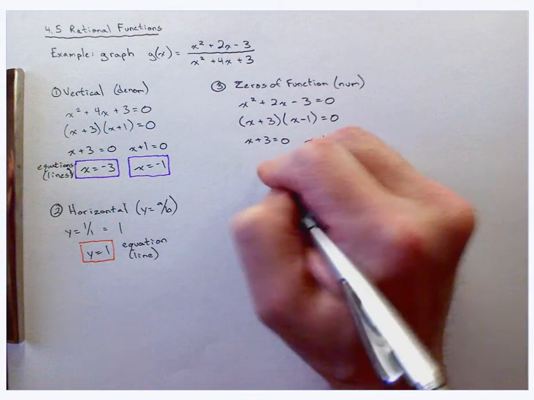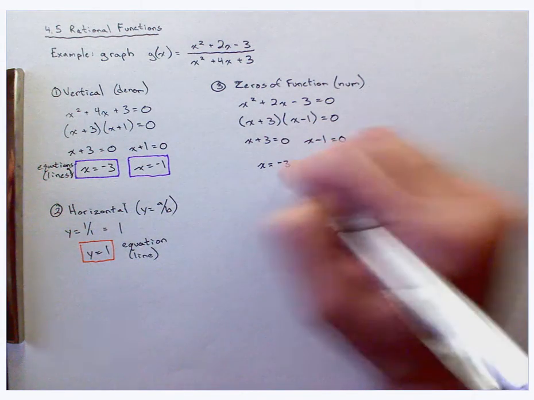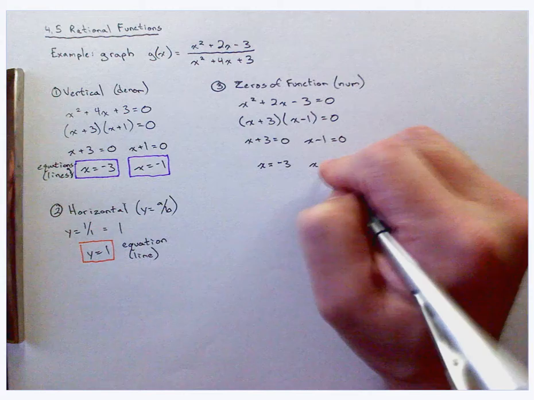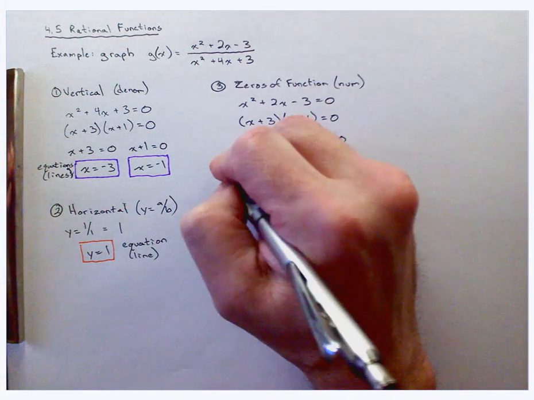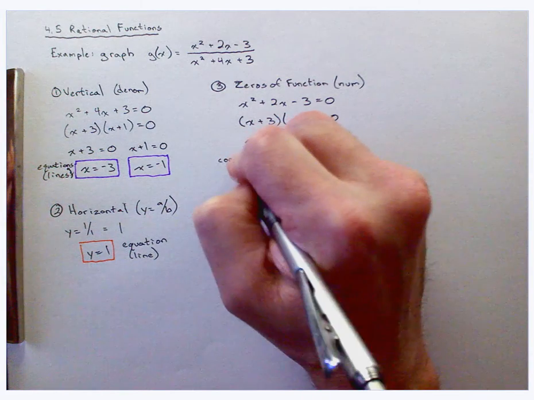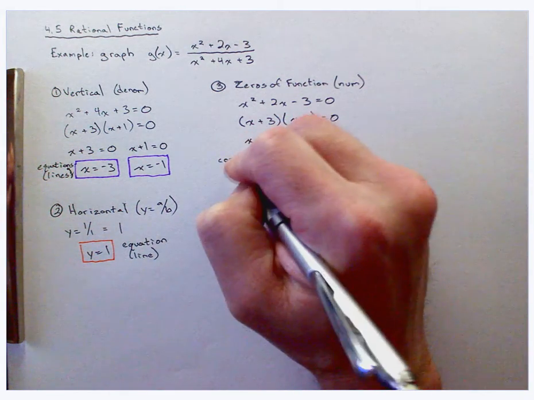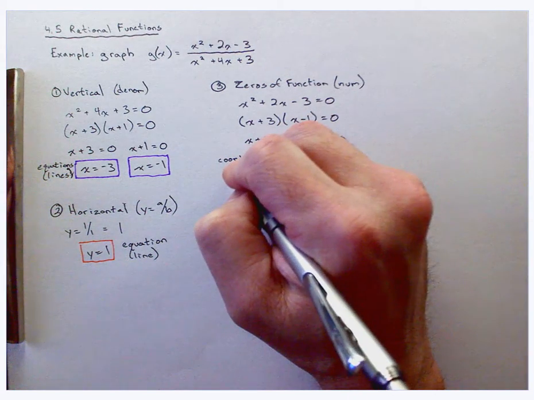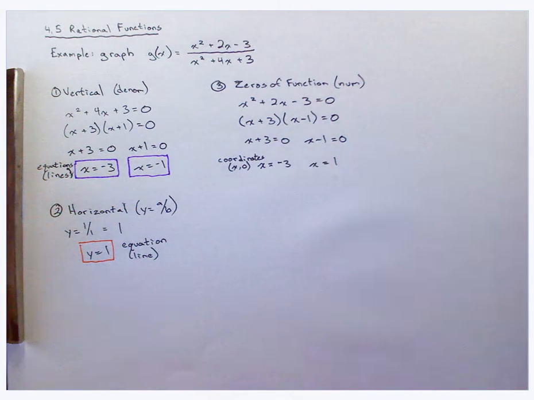So what I end up with, and these are going to be coordinates. These are 0 coordinates. So whatever x value is and then 0.